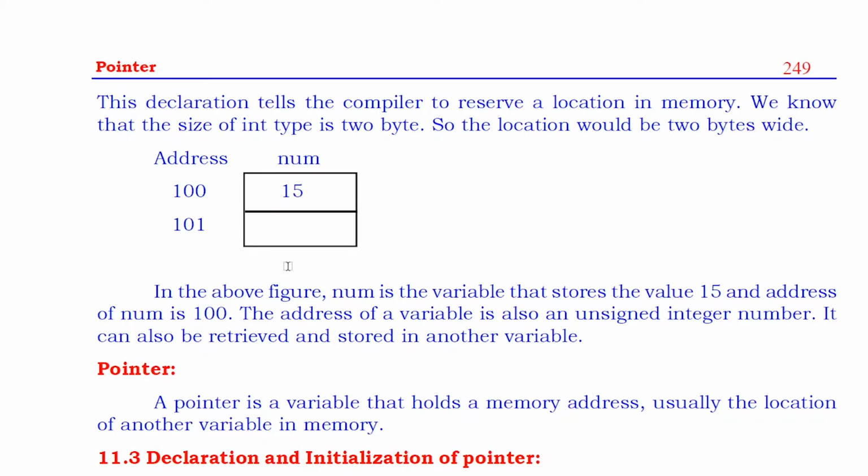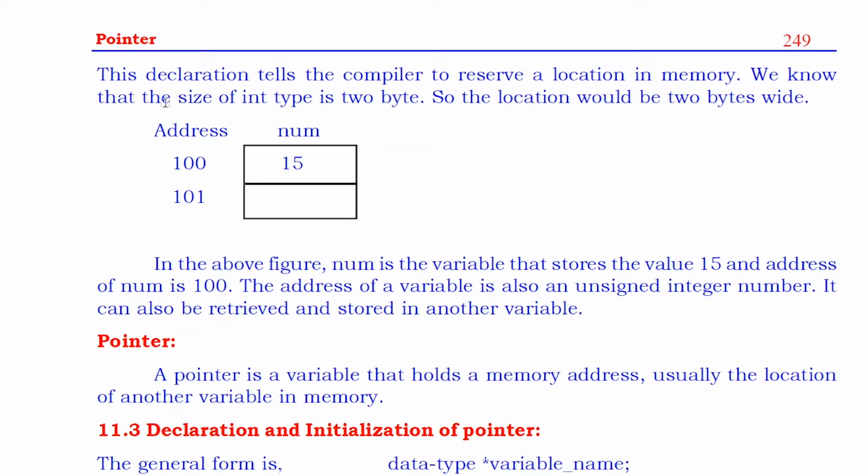Whenever I declare the variable num, it has an address, for example 100, and since it uses 2 bytes it takes two consecutive memory locations. I have also initialized the integer with some value. Right now we are using this name to operate on this memory space and update it.